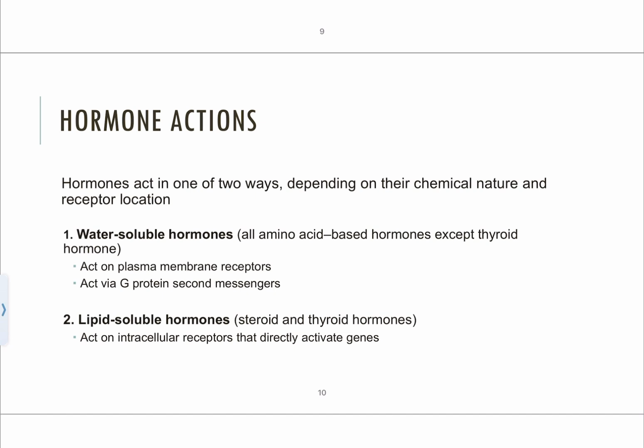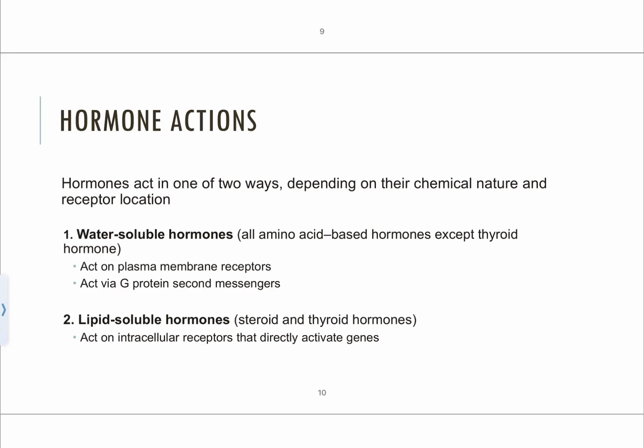Anytime a hormone is binding to a receptor on the external surface of the plasma membrane, in order for it to get its effect to the inside of the cell, it's going to have to act through some sort of second messenger system. So all of these water-soluble or amino acid-based hormones are going to act via a G protein second messenger system.